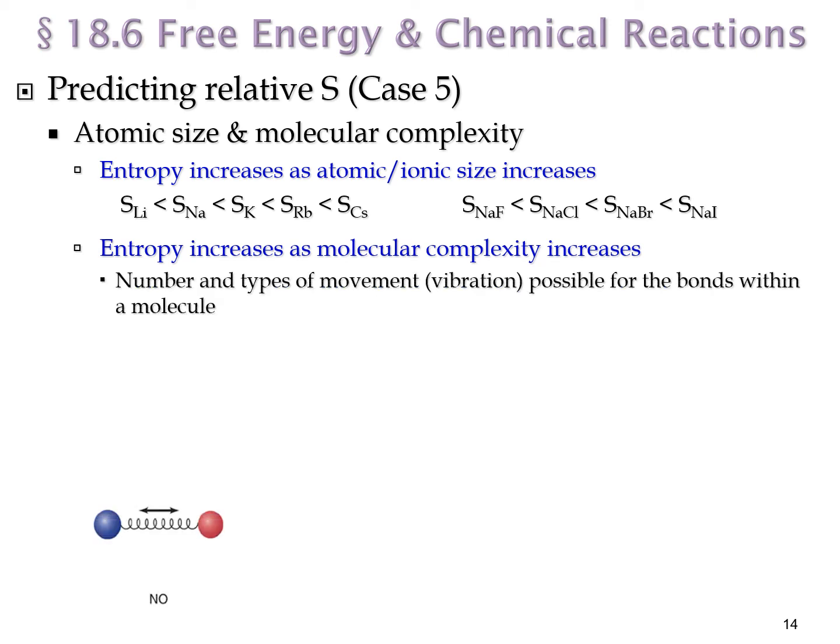In order for us to understand this statement, I gave you a couple of pictures to think about. NO, nitrogen monoxide. When we talk about the motion of the atoms within a bond, between the nitrogen and the oxygen in nitrogen monoxide, the only motion we can think about is stretching, going back and forth, back and forth.